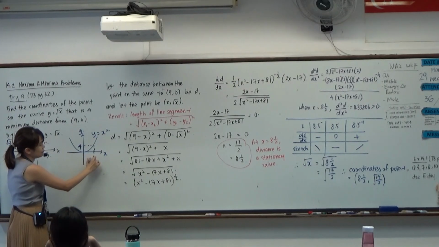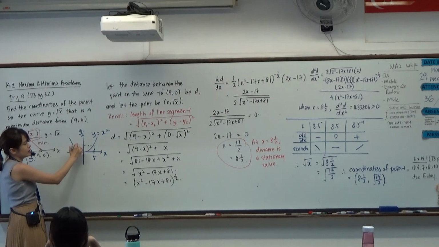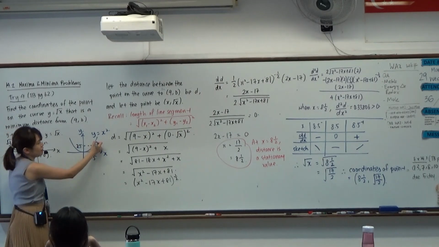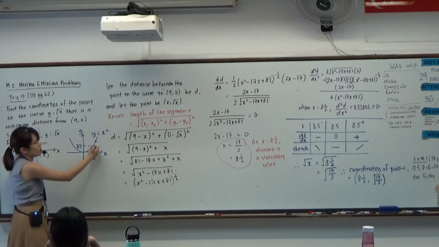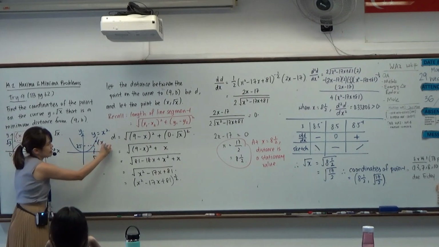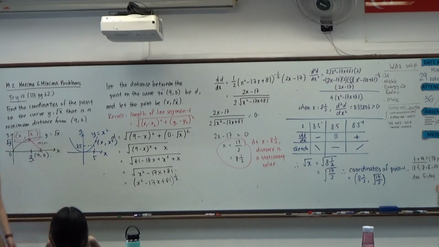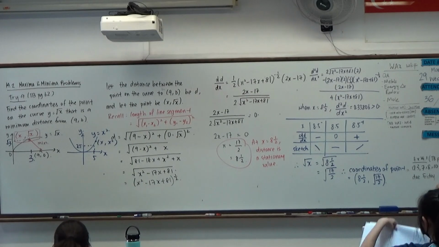If down here is 5, then it must be 5 squared, which is 25. So for any point on the curve, the coordinates must fulfill x and x squared. It must have that pattern. That's how your function works. Any questions? Other questions?